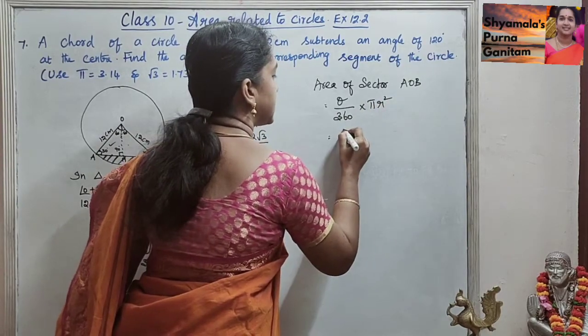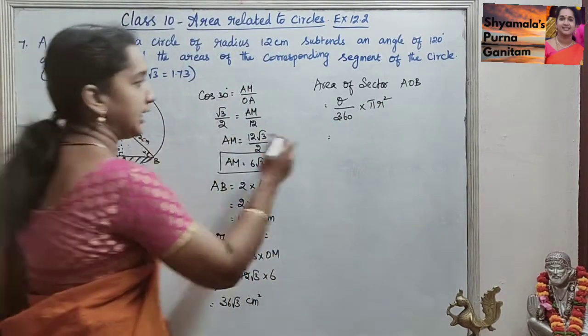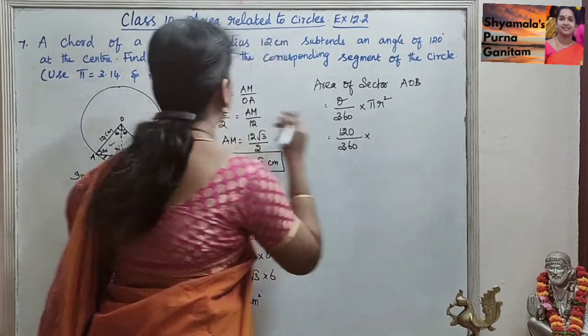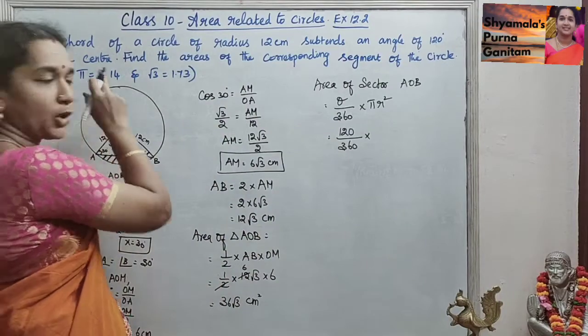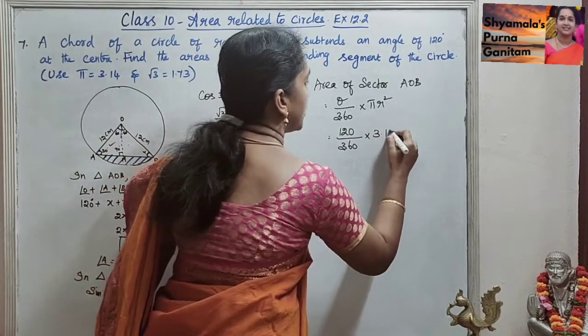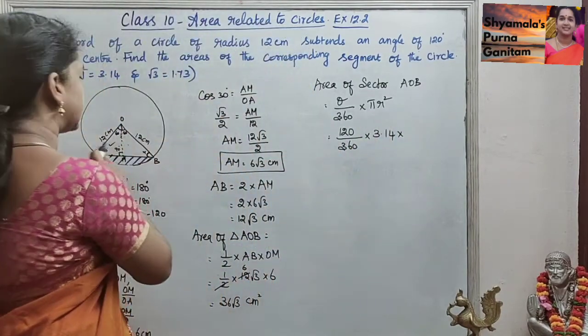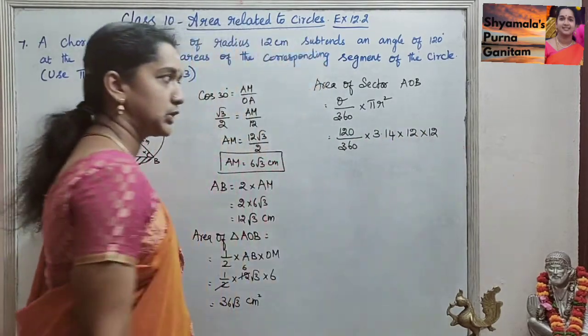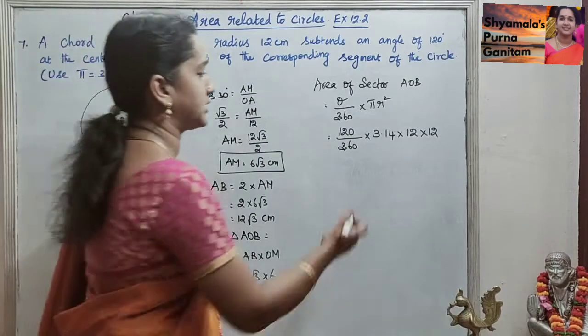Here theta is 120, so 120 by 360 into pi. We are asked to substitute it as 3.14, into radius which is given as 12 centimeter. So 12 into 12. This is the area of the sector.